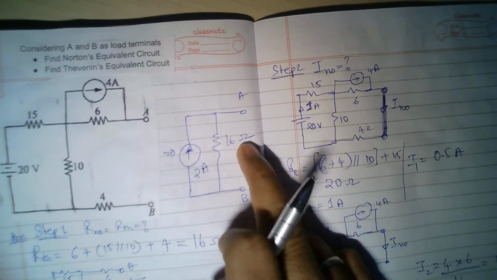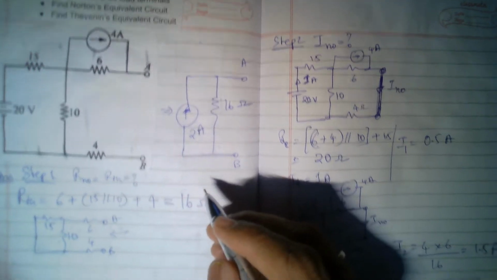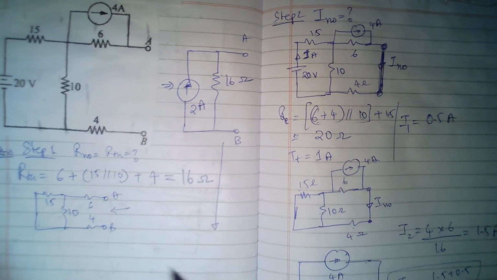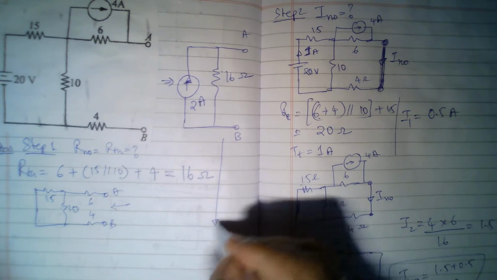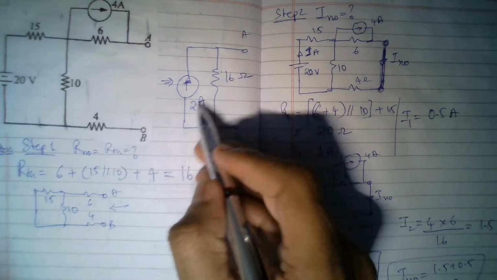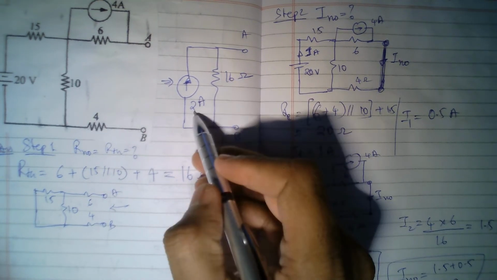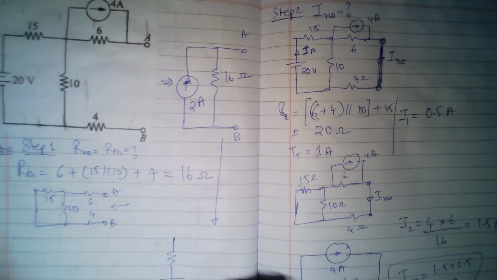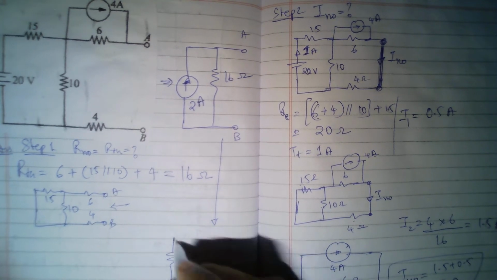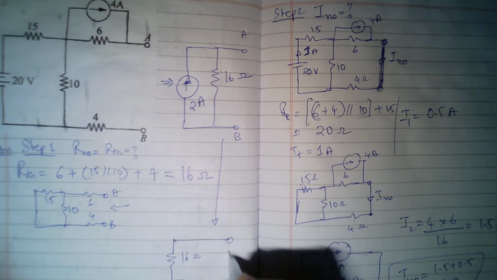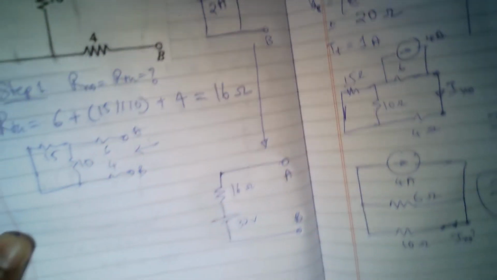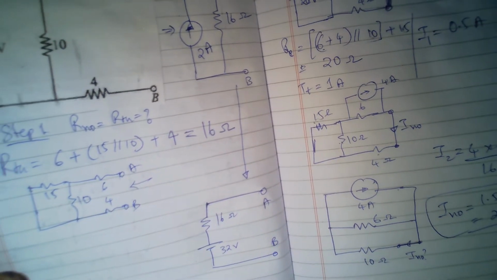So from these two, what is the Thevenin's equivalent? So Thevenin's equivalent I'll draw here. So Thevenin's equivalent is nothing but 16 into 2, I into R. Okay, so 16 into 2 is 32. So 32 volts and 16 ohms. Then I have AB terminals. Okay. So this becomes the Thevenin's equivalent circuit.